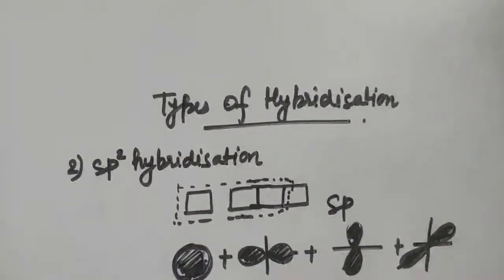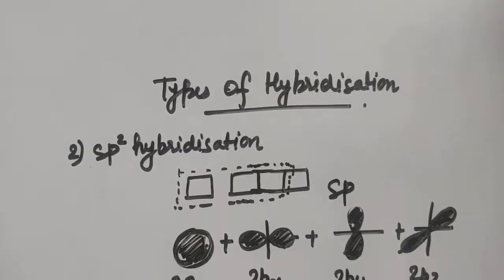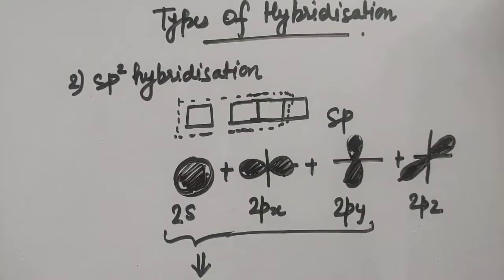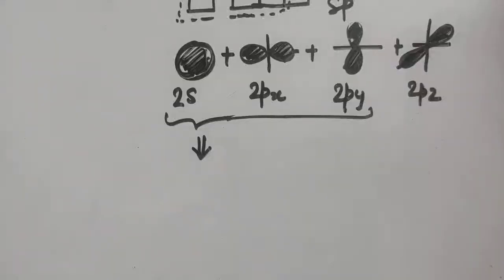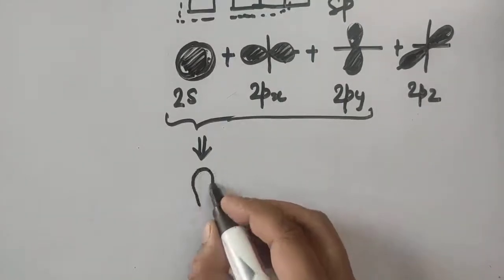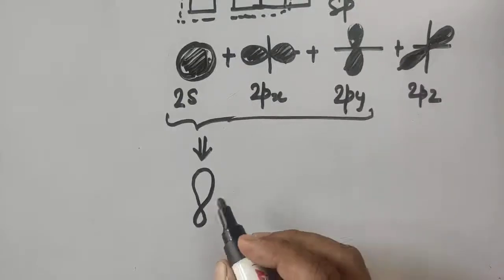The next type of hybridization is sp2 hybridization. As the name is sp2, here one s is hybridizing with two p orbitals. The orbital diagram of sp2 can be made like this. One s is mixing with 2 p orbitals. Now the 3 orbitals are mixing, so they will generate 3 hybrid orbitals, and they will be oriented in such a way that they experience minimum repulsion between them.